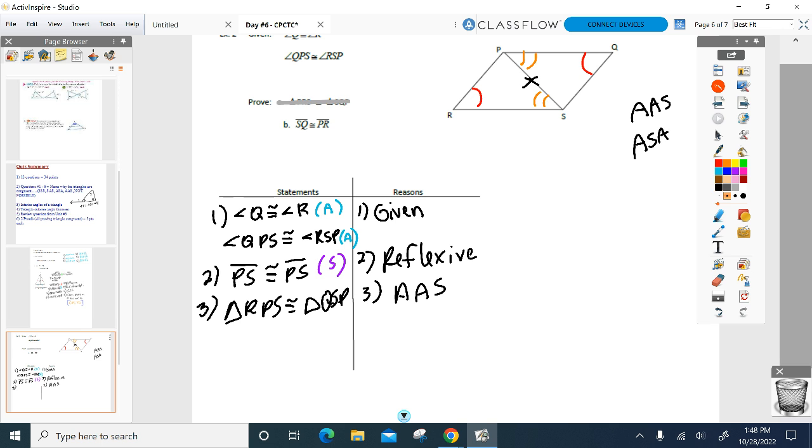They're in the right spots. Now the triangles are congruent, so are SQ and PR, CPCTC. Okay.